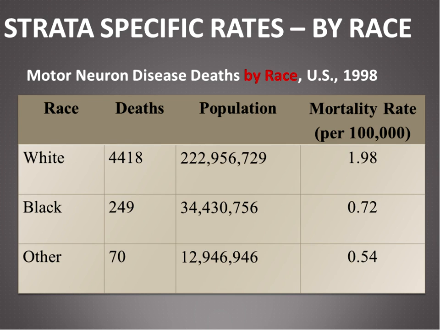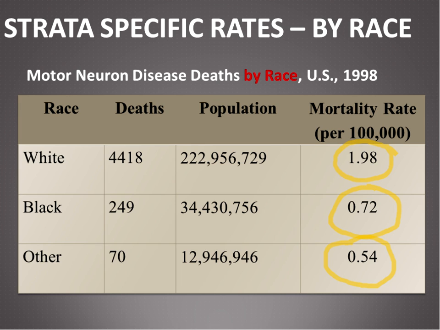Or we could stratify by race. Now we took our male and female population, combined it back together again, and decided to stratify by race. And we certainly see a difference between our white and our black population, and then another group population of other.